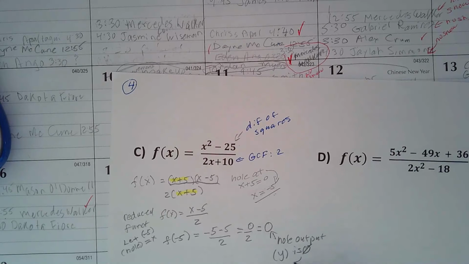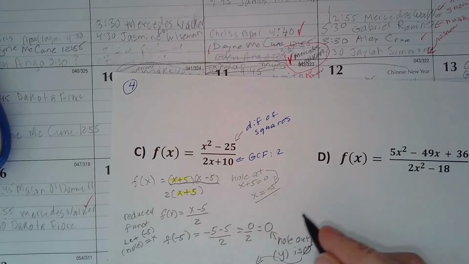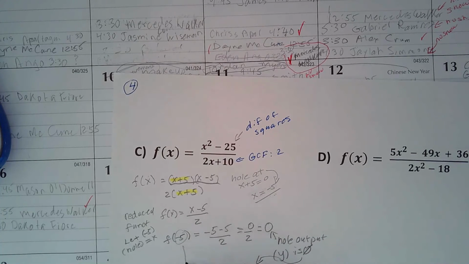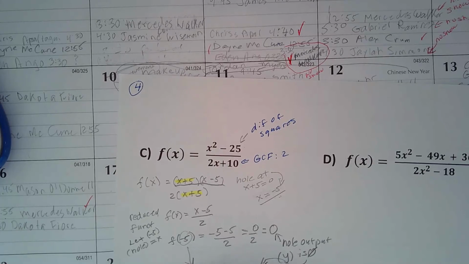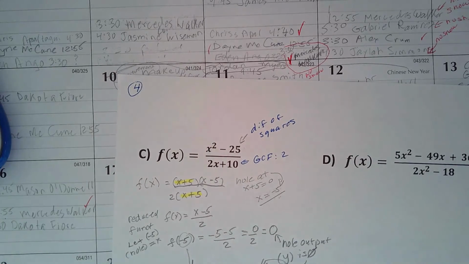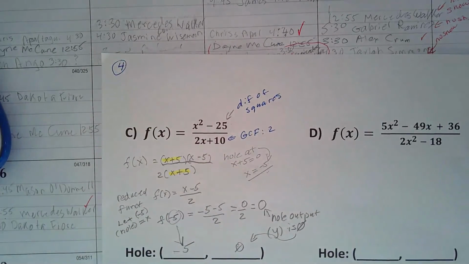So here it goes. Put a 0 there. And the x value, we said, goes down here. All right, so that's where the hole is.